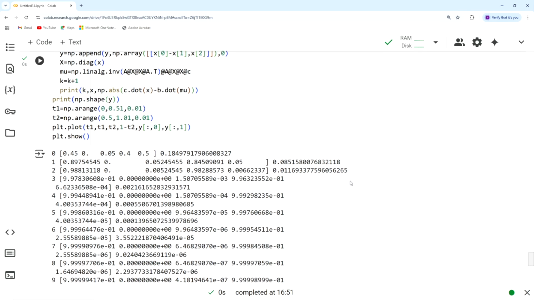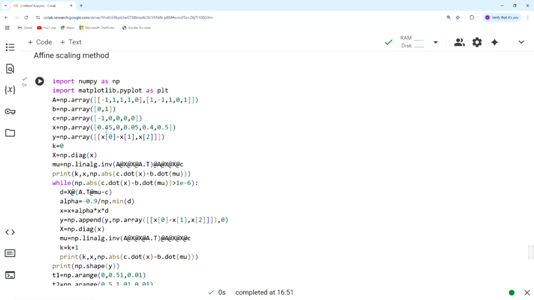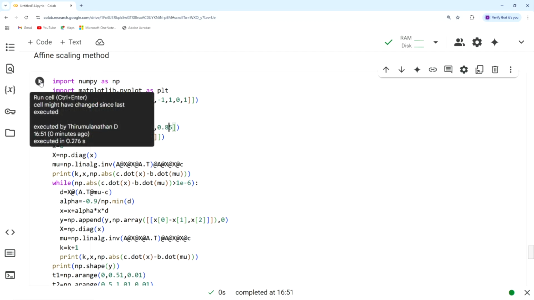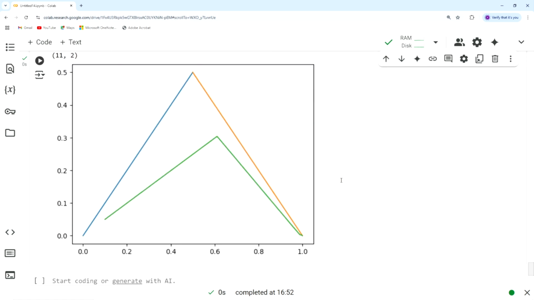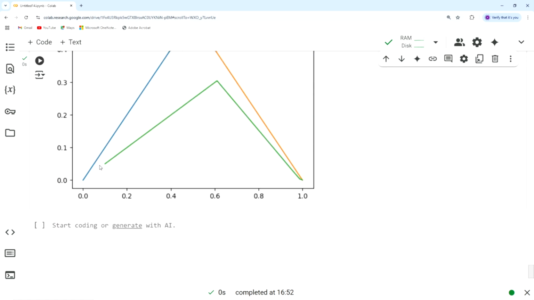Let us check what happens to the other initial point that we were working with, 0.05 and 0.85. The objective function is maximize x1. It moves here and then gets back to 1 comma 0.